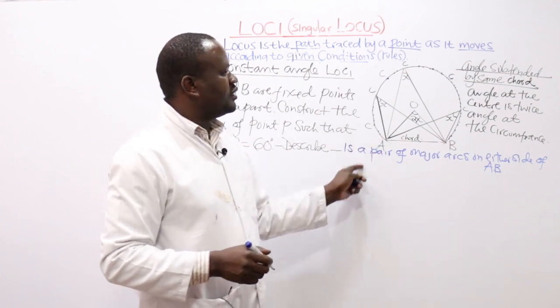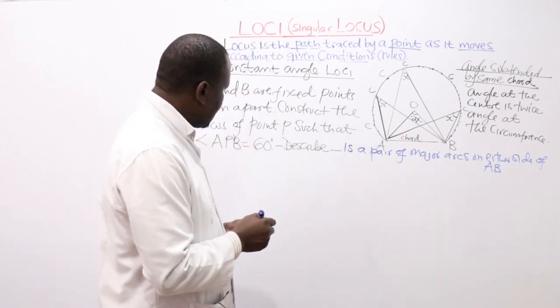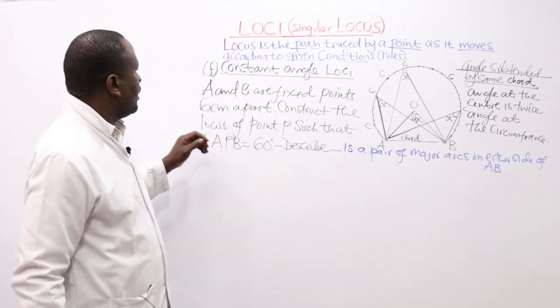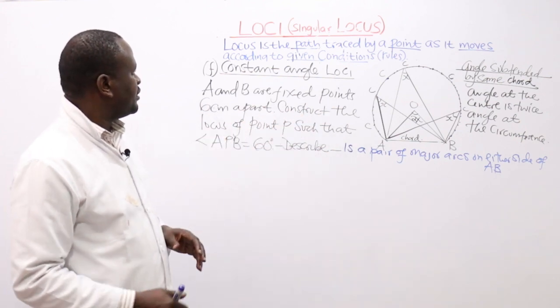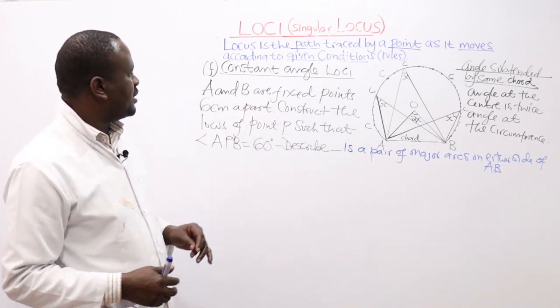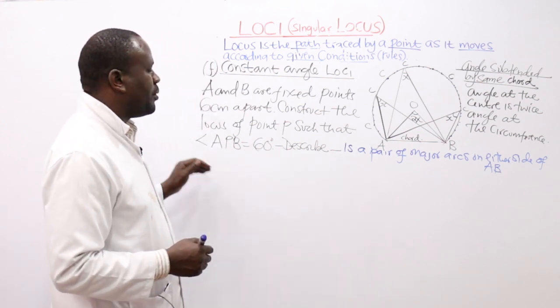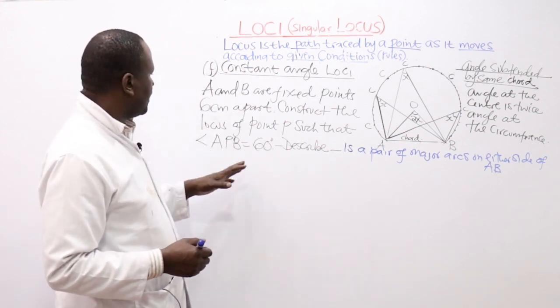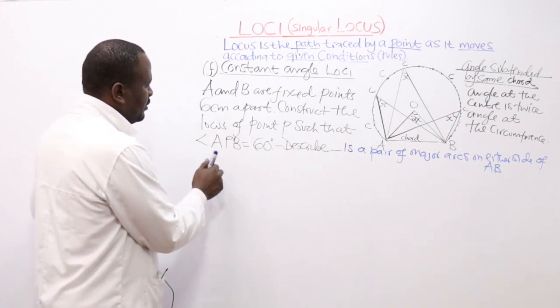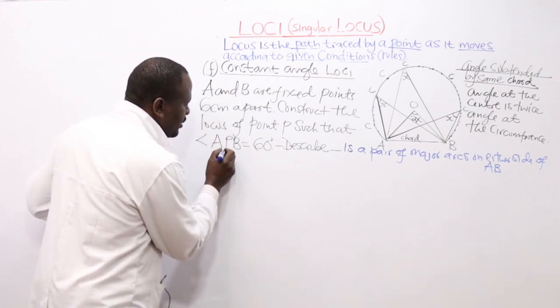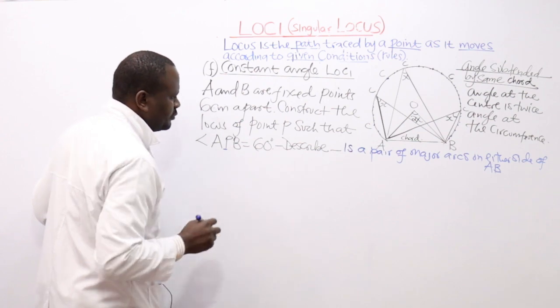So it could also be on this side. So let's answer this question. A and B are fixed points, 6 centimeters apart. Construct the locus of a point P such that angle APB, so this angle at P, is 60.